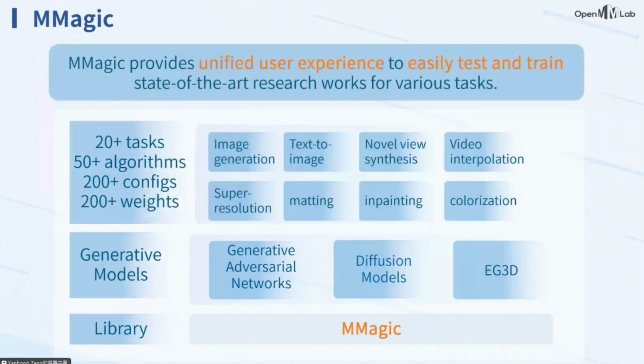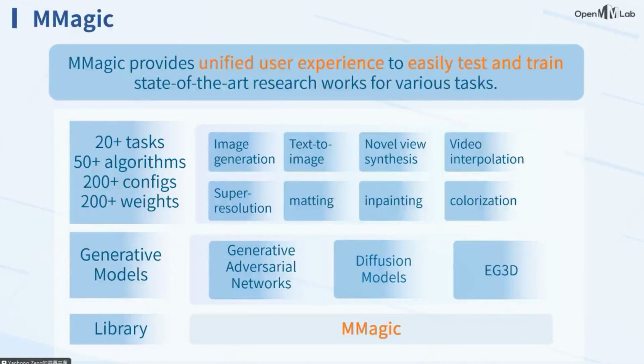So, in a word, MMagic is an open source library that supports many different generative models. With the powerful generative models, it supports more than 20 kinds of tasks and involves more than 50 algorithms. MMagic provides more than 200 configuration files for easy training and easy testing, as well as about 200 pre-trained model weights.